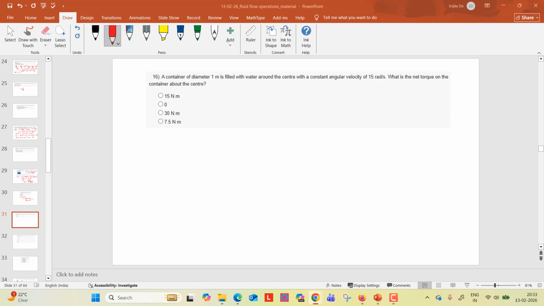As the container of water is rotating, torque τ is I into alpha, right? As it is a container rotating at constant angular velocity, alpha equals 0. So the net torque will be 0. Option B, sorry. Next.